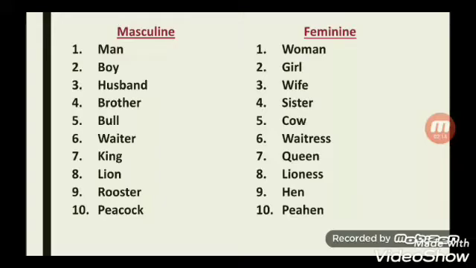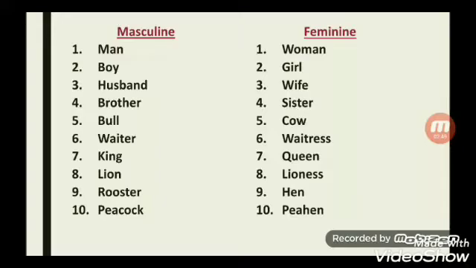Brother, sister. Bull, cow. Waiter, waitress. King, queen. Lion, lioness. Rooster, hen. Peacock, peahen. Children, these all are the examples of masculine and feminine gender.